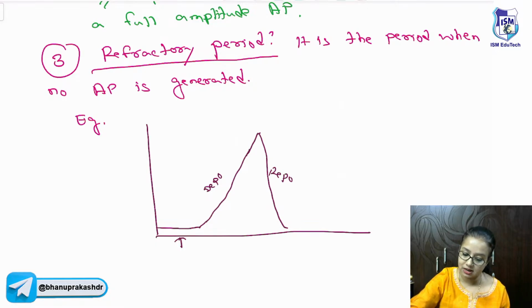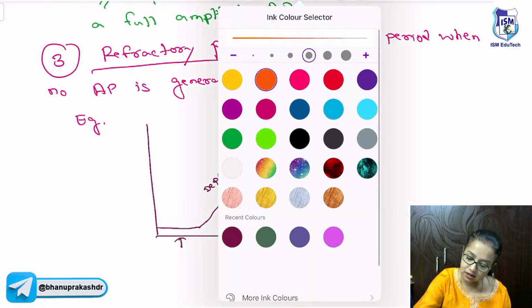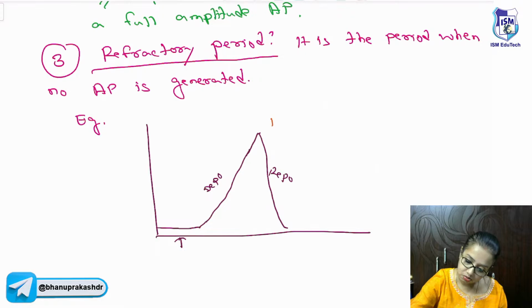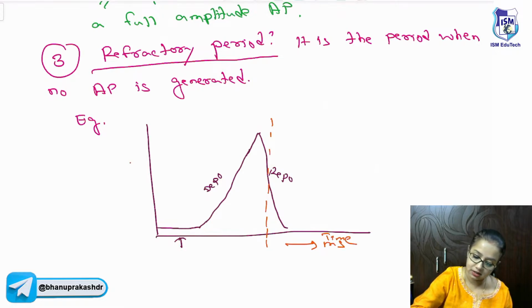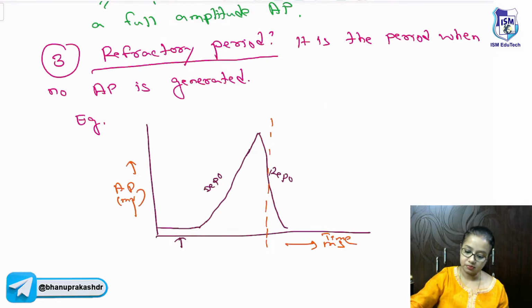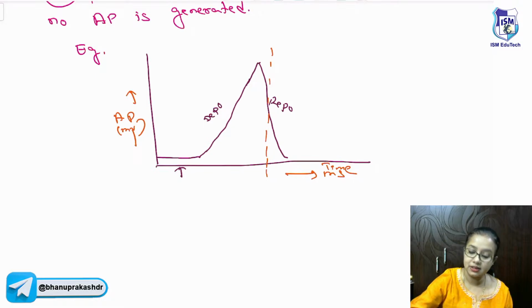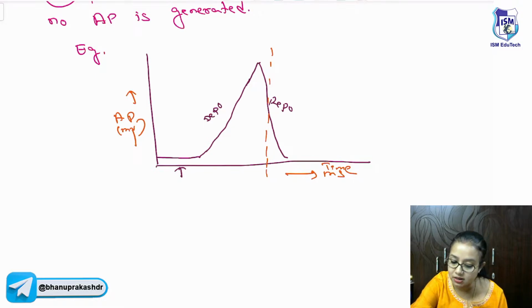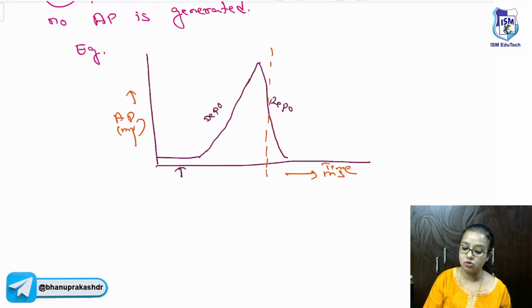Now it is seen that until 1/3 of the repolarization is over, this is the time and this is the action potential in millivolt, even if a threshold level stimulus or a supra-threshold level stimulus is given, there will be no generation of action potential.